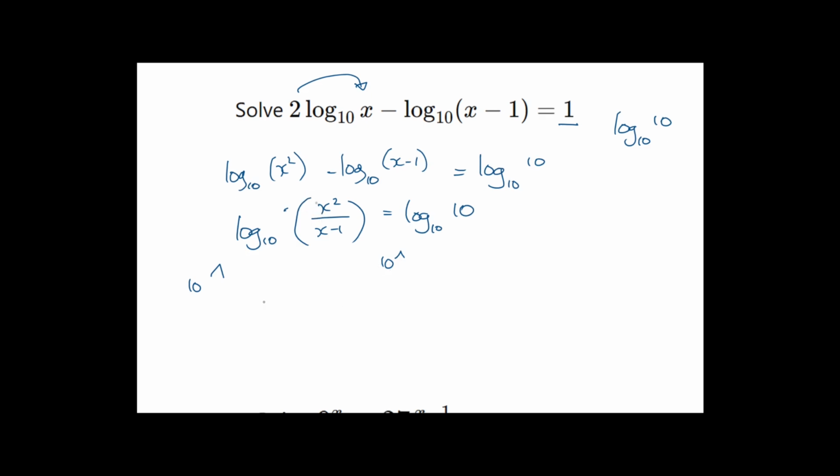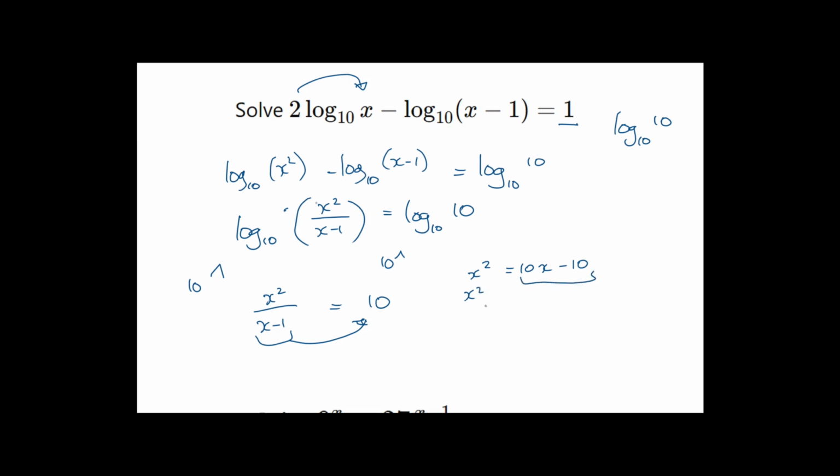So we get x squared over x minus 1 equals 10. And if we bring the denominator over, multiply it, we're going to get x squared equals 10x minus 10.